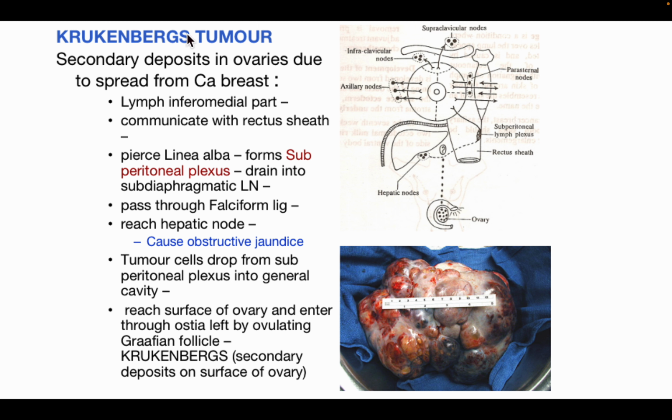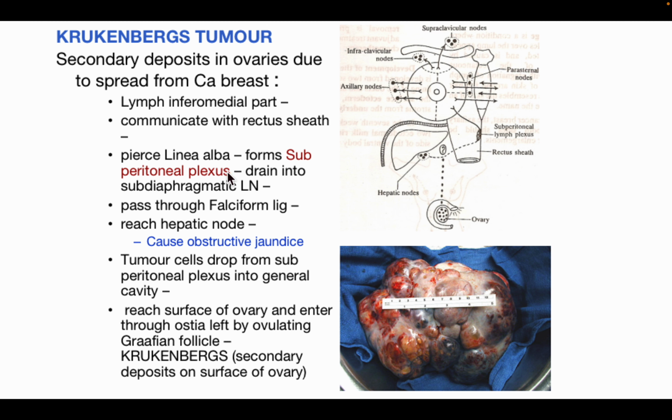There is an important term known as Krukenberg tumor. Basically, lymph from the inframedial part communicates through the rectus sheath, where the rectus abdominis muscles are, pierces the linea alba and forms the subperitoneal plexuses.